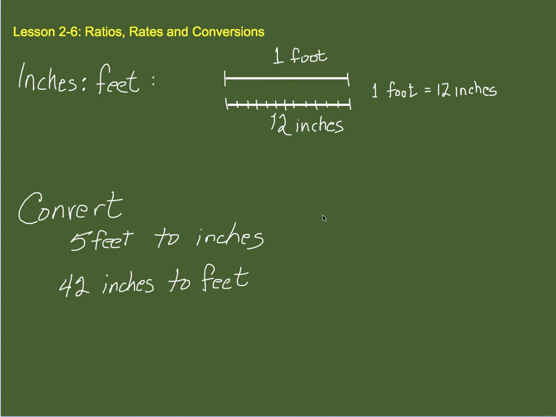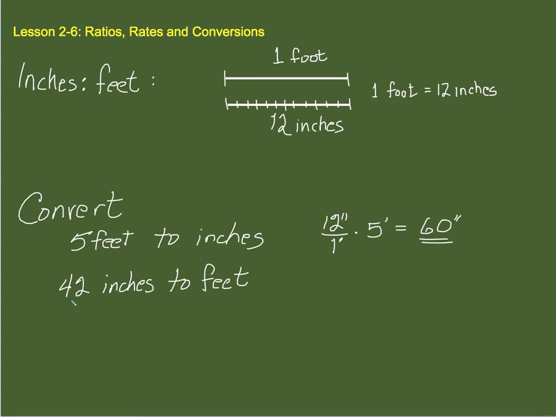Well, there are 12 inches in every 1 foot, and we can multiply that by 5 feet to get 60 inches. So now we know that there are 60 inches in 5 feet.